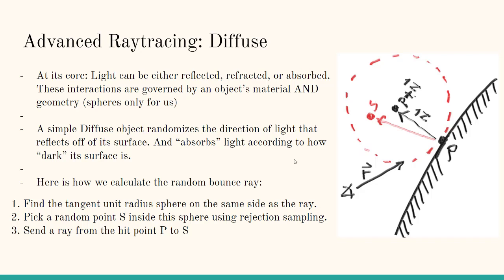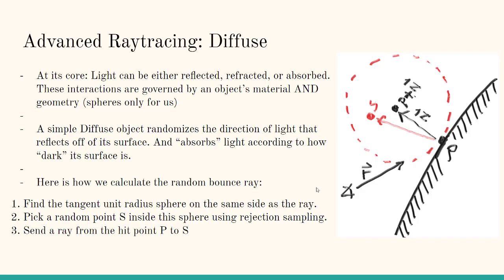Essentially, the way the physics of that material works is that the surface is slightly rough, so the direction of light is randomized when it reflects off of its surface, and some of the light is absorbed according to how dark the surface is, which is why you may see more reflected light off a sheet of paper than a dark object. So we have a scaling factor in the code which can reduce the amount of light that's being reflected. That's the absorption factor.